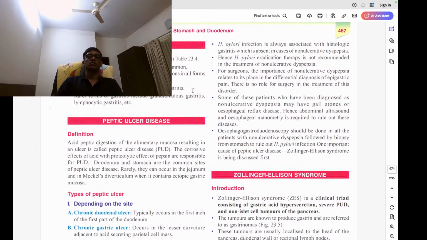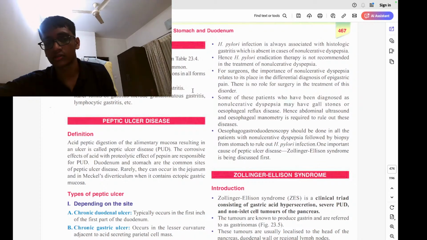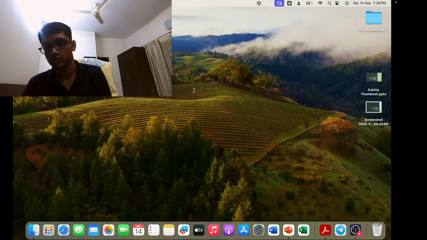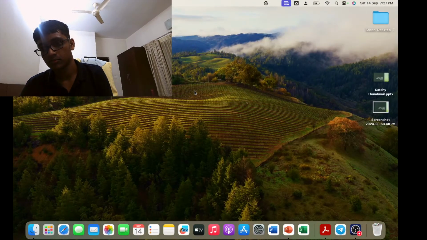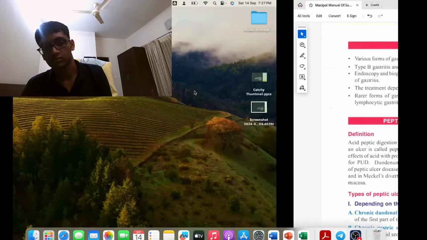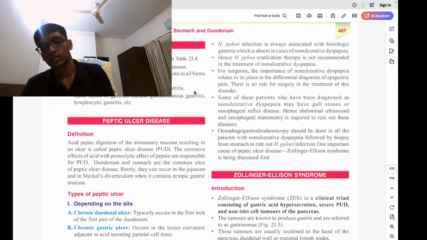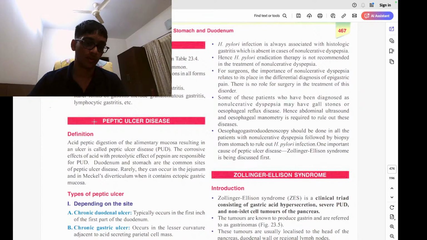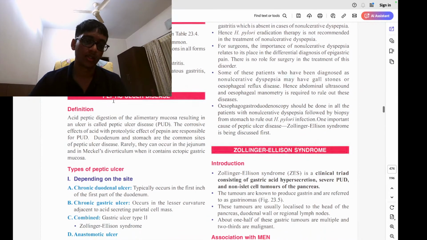Peptic ulcer disease is defined as acid peptic digestion of alimentary mucosa resulting in an ulcer.